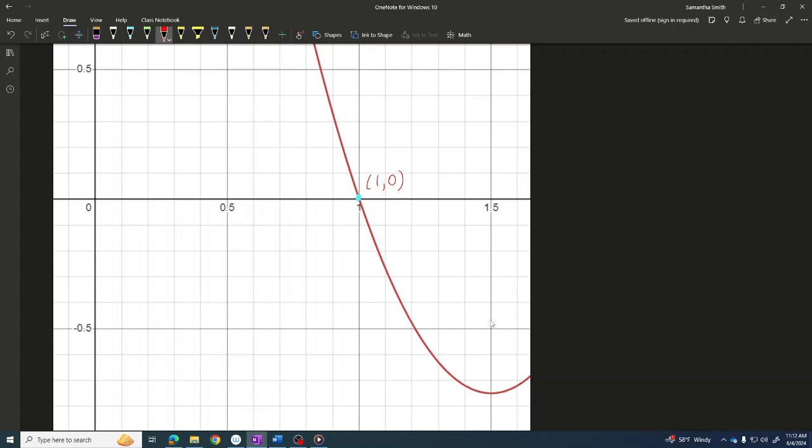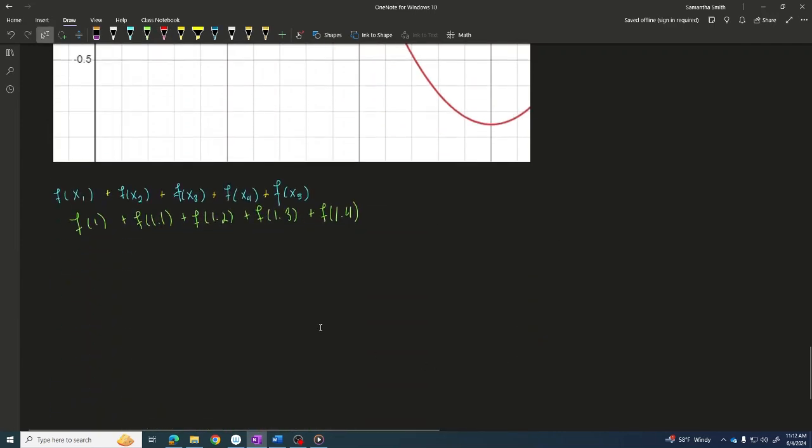What this is communicating is that if I plug 1 into this function, the corresponding output is 0. Remember from the review bite that the outputs of your function are the same as the heights of the points on your graph. So I plug in 1, I get 0, and that's what this point on the graph is telling me.